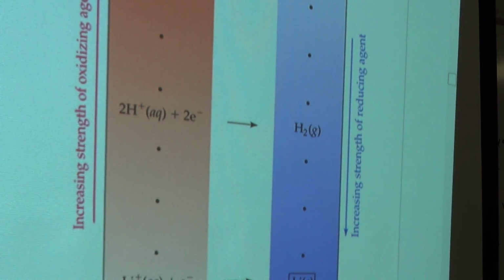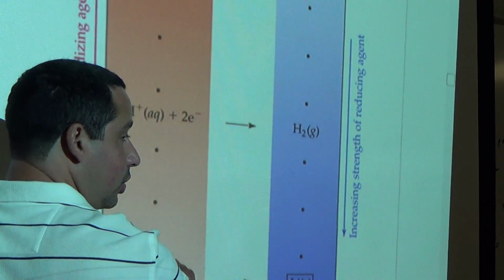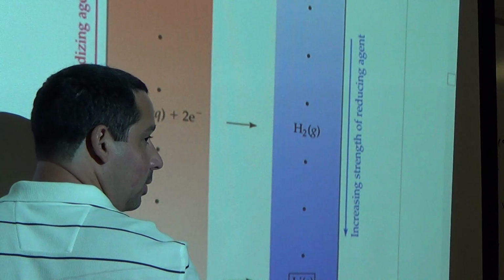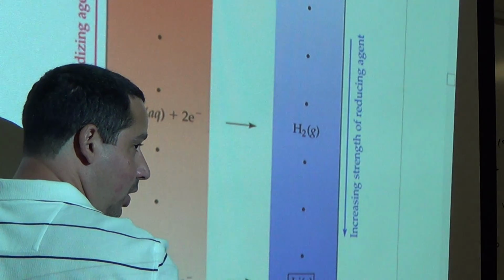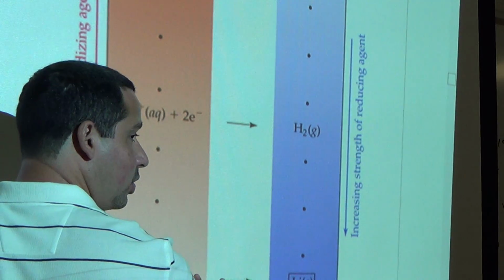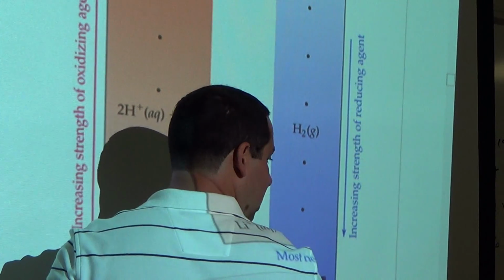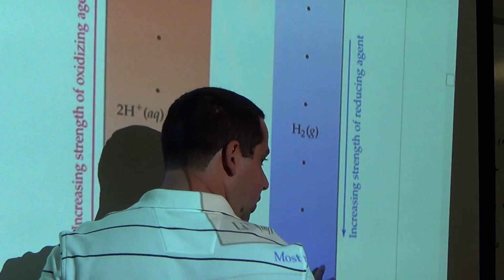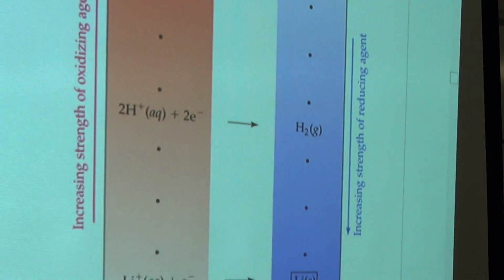Now, as you start going down, they want to be less and less reduction. As compared to the ones on the top, these down here want to be an oxidation. But the oxidation is the reverse of reduction. So what type of agents would they be? Reducing agents.